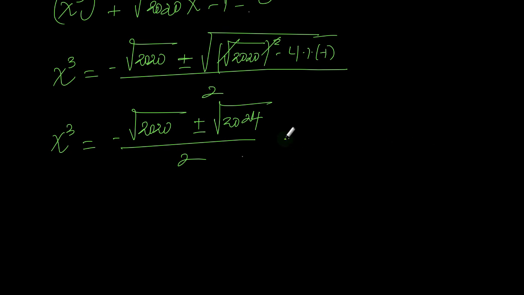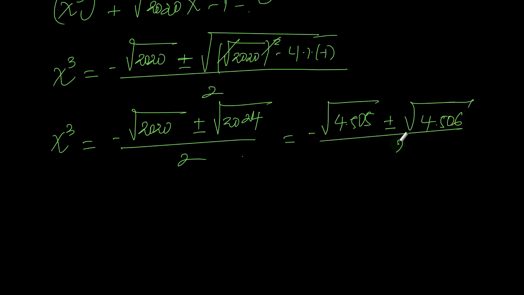But we can rewrite this as minus square root of 2020, which is 4 times 505, plus or minus 2024, which is 4 times 506, divided by 2. So taking the square root of 4 out, we are going to have that this is going to be equal to, so it will be 2 here and 2 here.